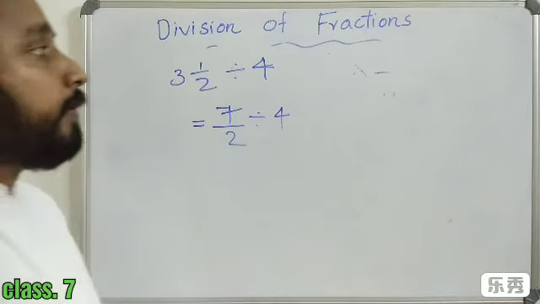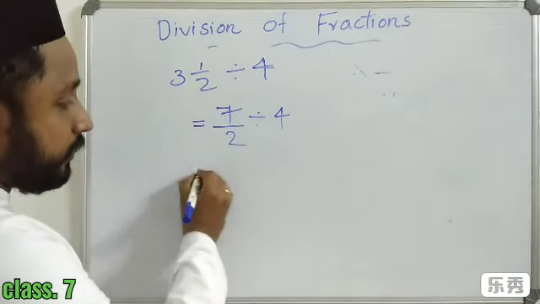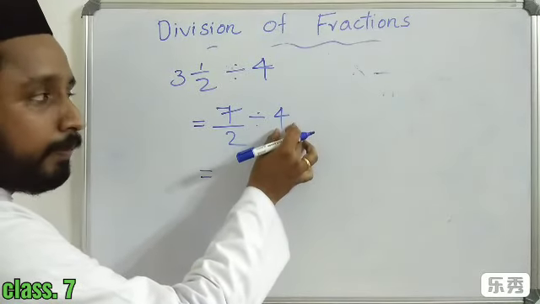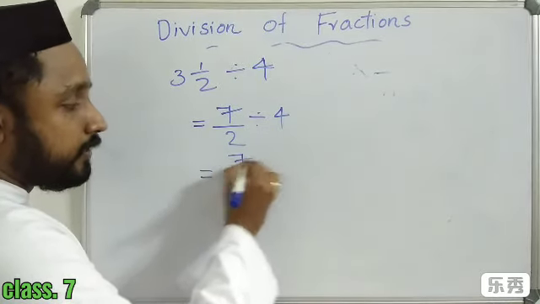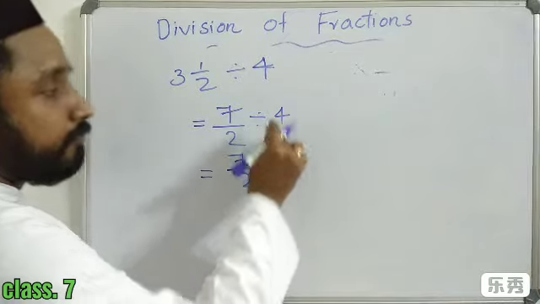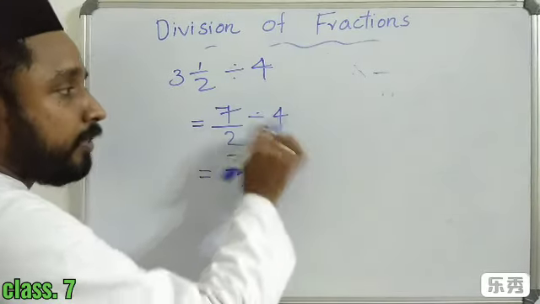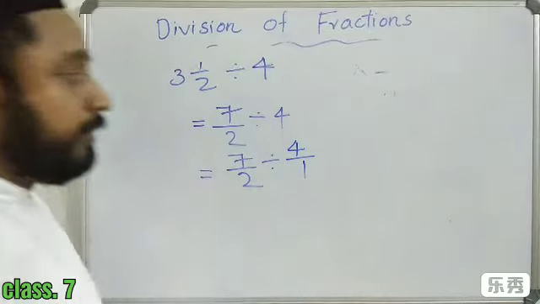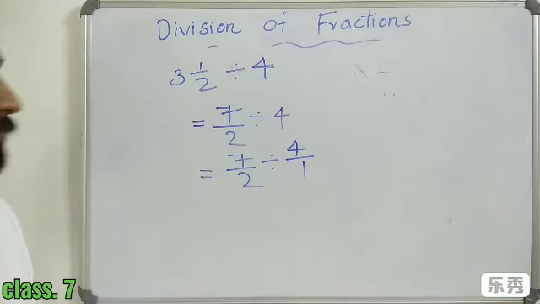So 7 by 2 divided by 4, here 4 is a whole number. So we can write 4 in terms of a fraction, that is 4 by 1.